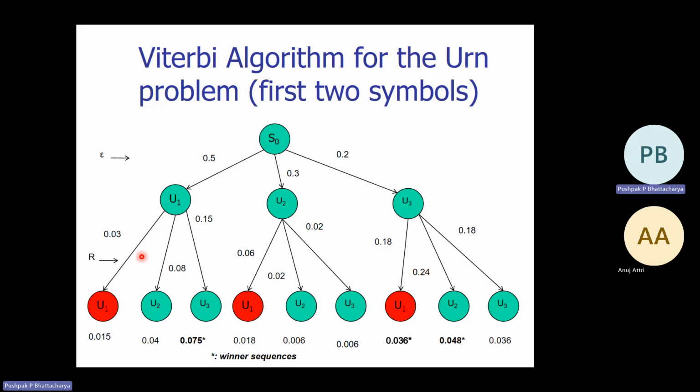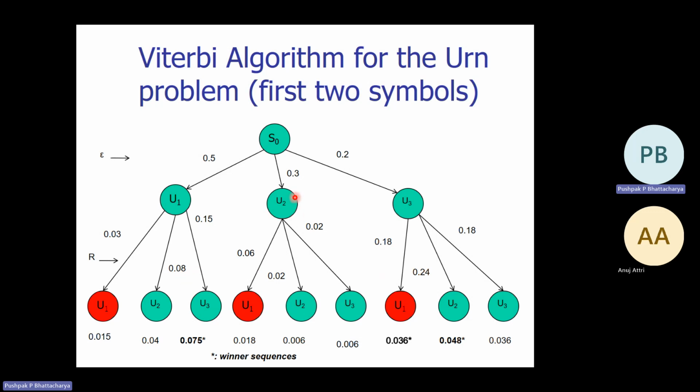And then you observe R, okay, the red ball. And then you know the probability of going from U1 to U1 or remaining in U1 with observation as R is 0.03. It is 0.3 into 0.1. Okay. Then U1 to U2 with red observation is 0.08 and so on.